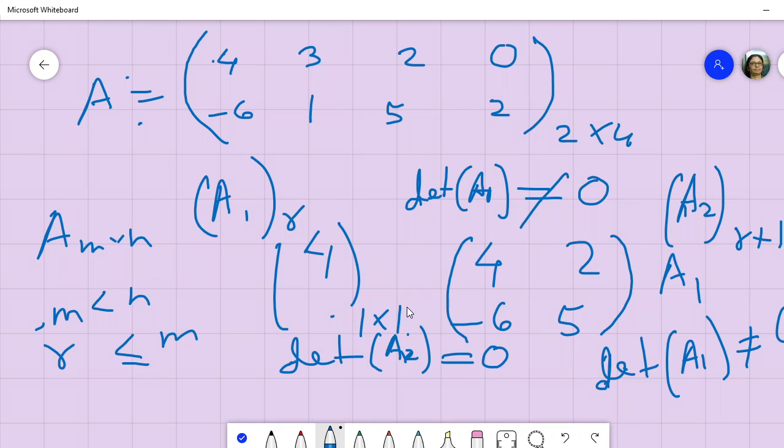So in this 2 by 4 matrix we have submatrices. How many submatrices of order 2 will we have here?